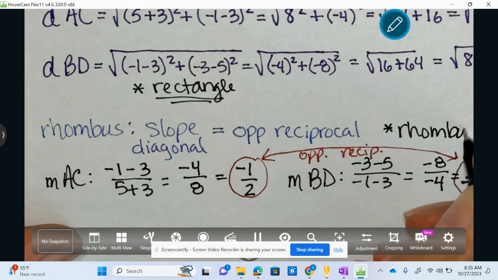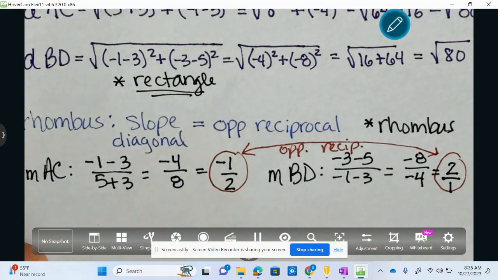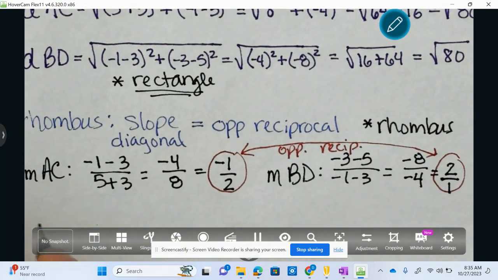Check. So if this quadrilateral is a parallelogram, and a rhombus and a rectangle, what can we say about it?